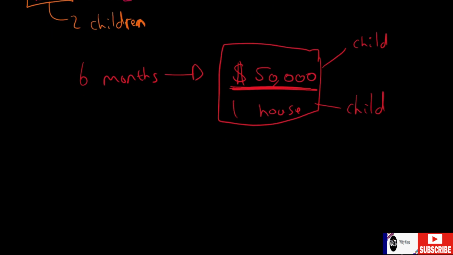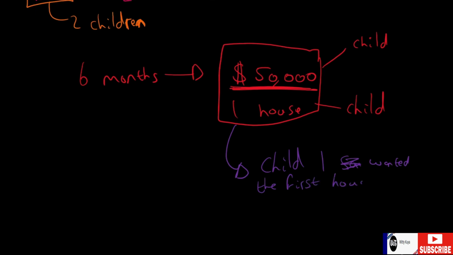What one may argue is, with a system like this, with the money it doesn't really matter, but with the houses, like I said, they're essentially equal, but maybe child 1 wanted the first house, wherever that is.